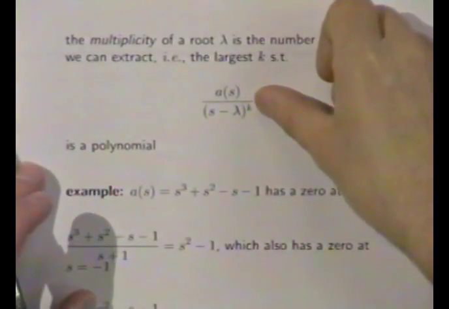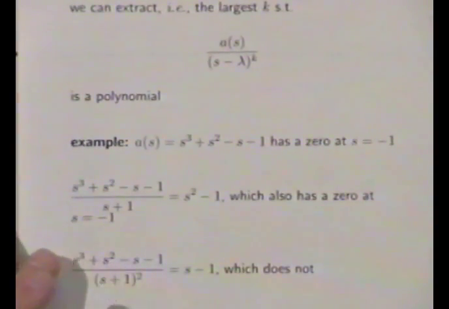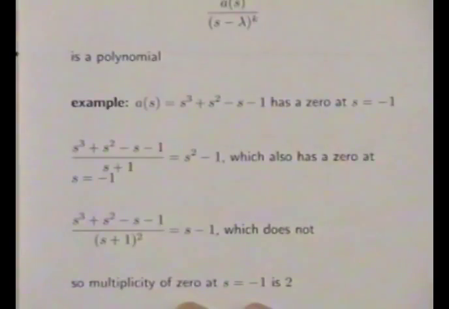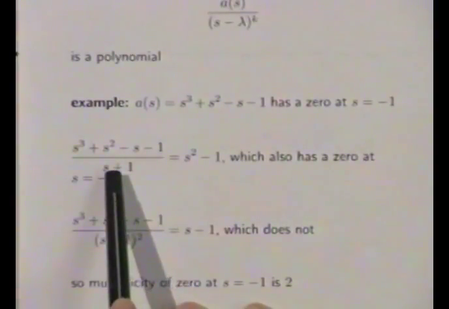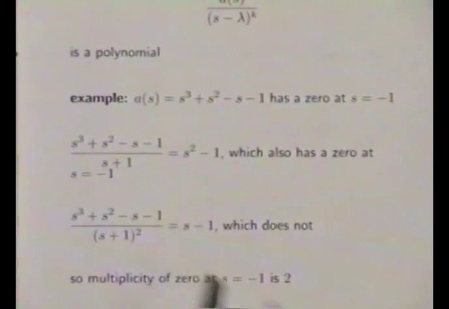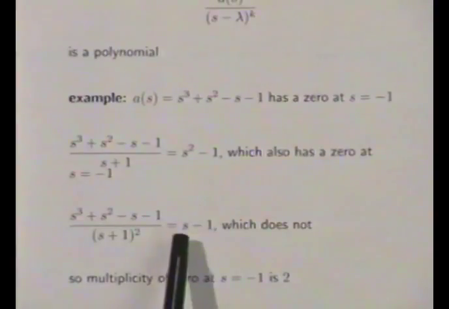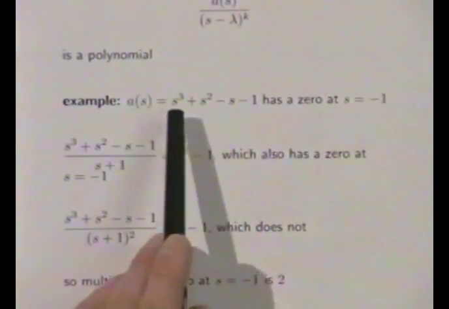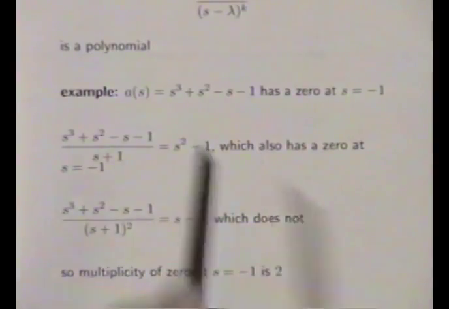The largest power I can use and still get a polynomial is the multiplicity of that root. So here's a cubic polynomial. It has a zero at s equals minus 1. I divide by s plus 1, and I get s squared minus 1. This still has a root at s equals minus 1, so I divide it again. This does not have a root at s equals minus 1. So you'd say that the multiplicity of the zero at s equals minus 1 is 2.